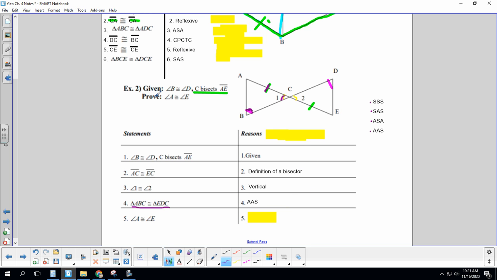And now last but not least, we want to prove angle A is congruent to angle E. Here's A and here's E. Those are corresponding parts of triangles that we've already proven are congruent. So angle A is congruent to angle E because corresponding parts of congruent triangles are congruent, CPCTC.